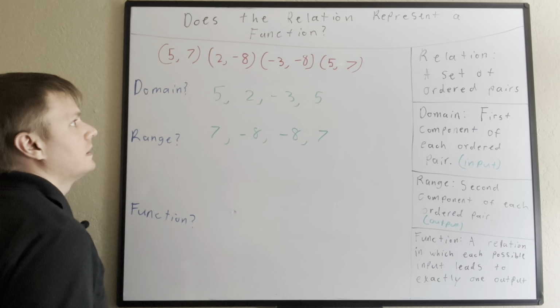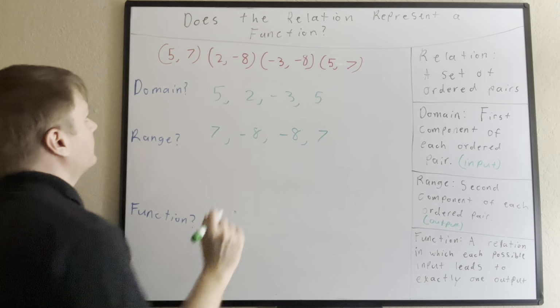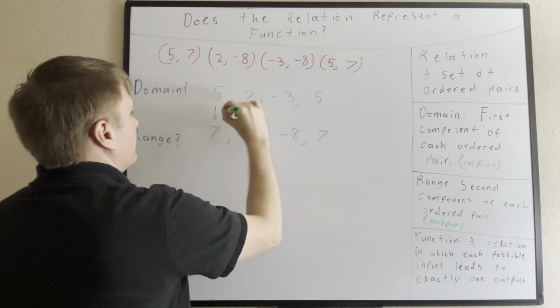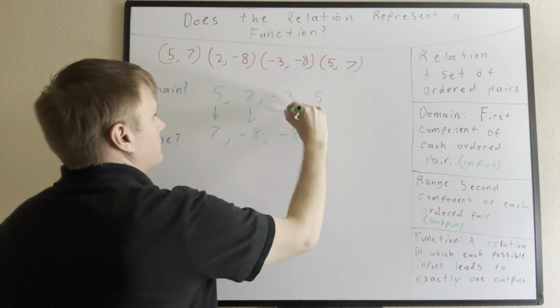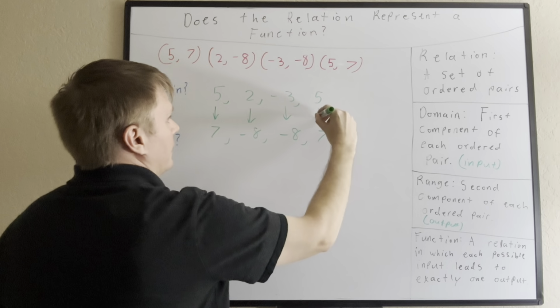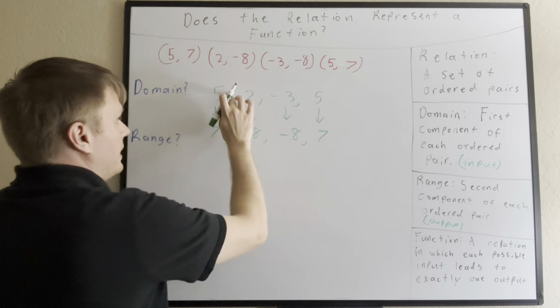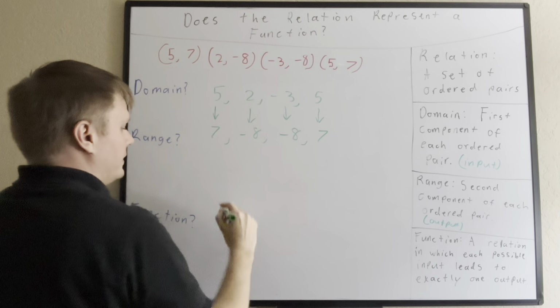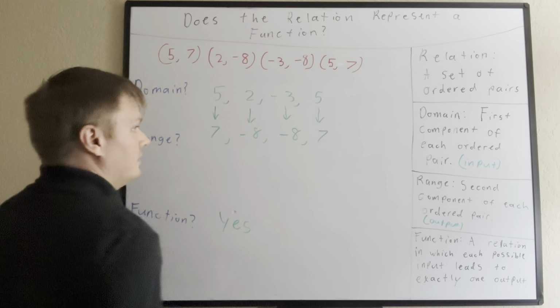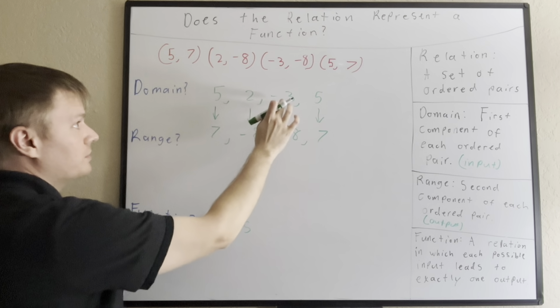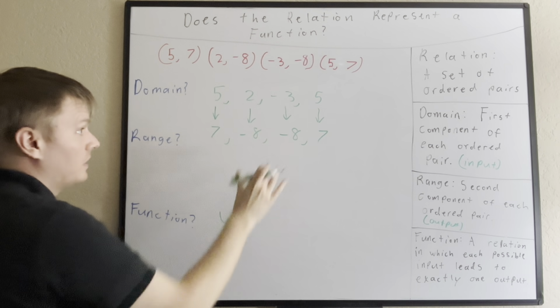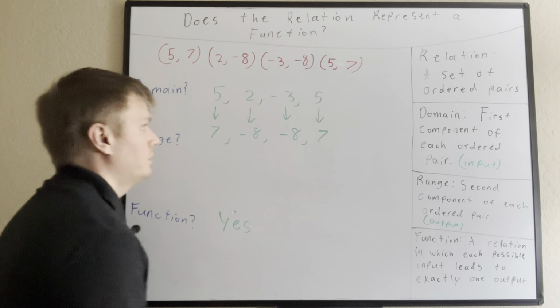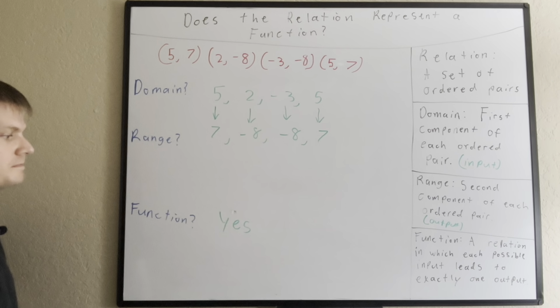Okay. Is this a function? Well, let's see. 5 goes to 7. 2 goes to -8. -3 goes to -8. And 5 goes to 7. That same input leads to the same output. Therefore, it is a function. Does it matter if we have two different inputs that give us the same output? No. That is okay.